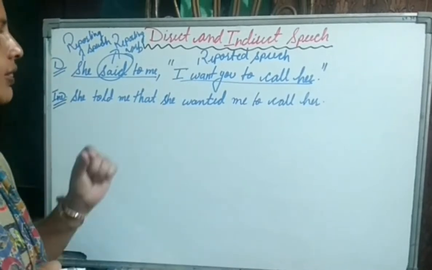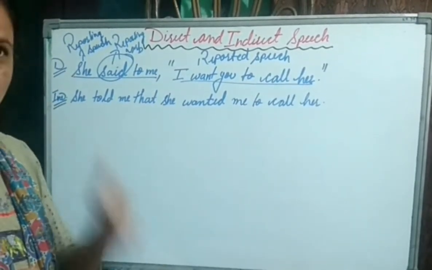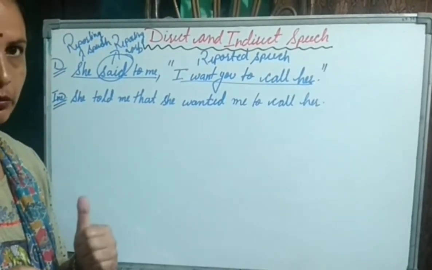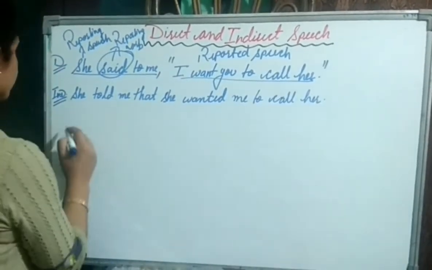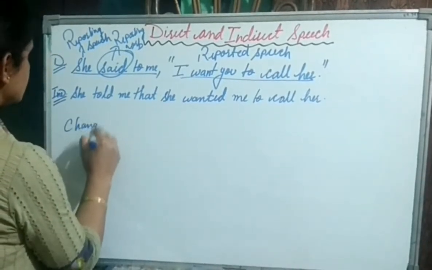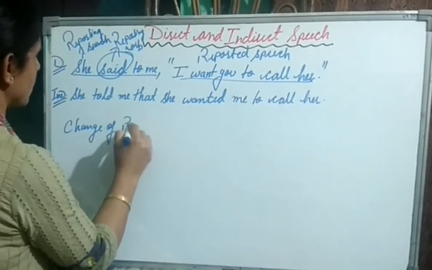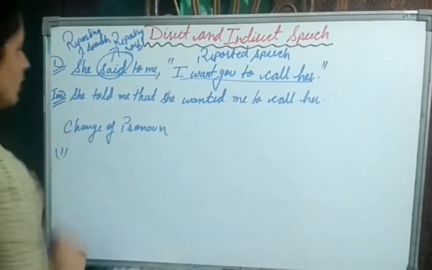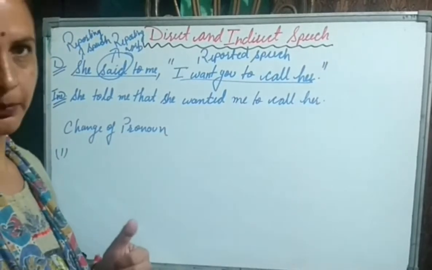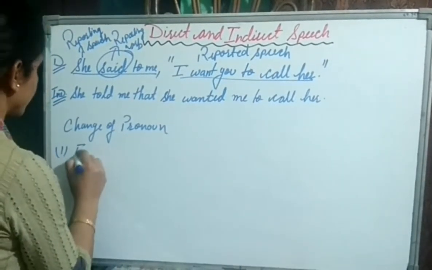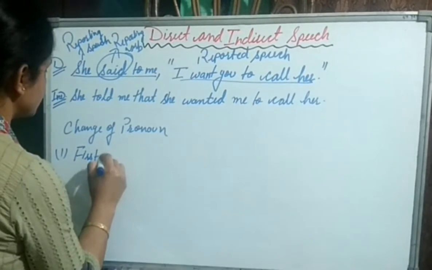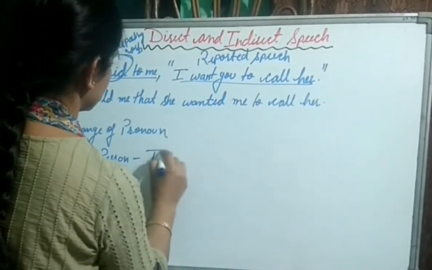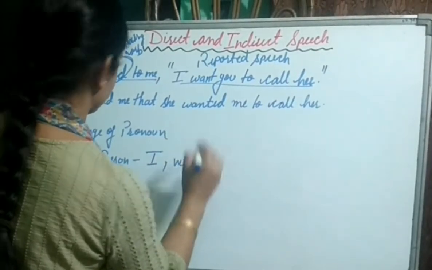Now here one thing which is very important, as I told in the very starting, is that we are going to discuss the change of pronoun. So generally there are three types of person. First person, that is I, we.